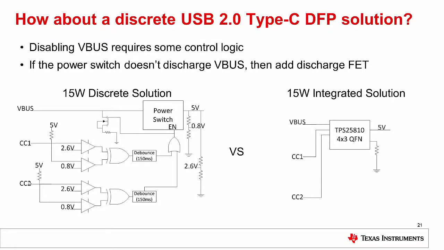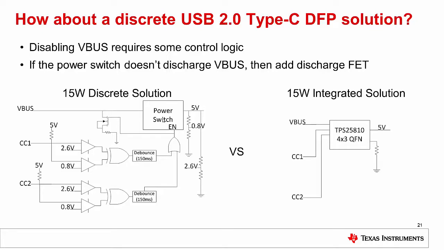So let's go back and look at that discrete solution again. Now that we see that we can't have a hot VBus in a Type C solution, now the discrete solution gets a little more complicated. Now we need to have this logic, just like some example logic is shown here, of what it would take to detect that a sink has been plugged in, to de-pound it appropriately, and to only turn on this power switch once a sink has been connected.